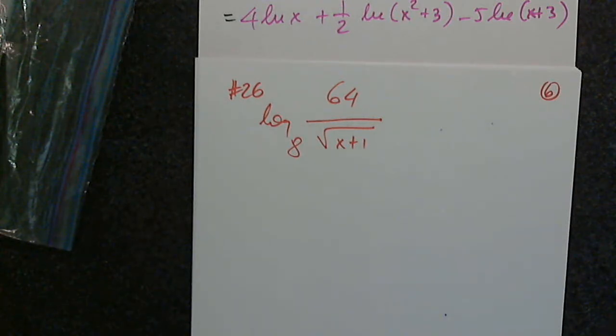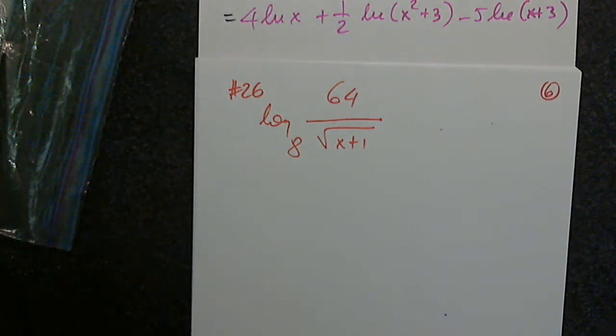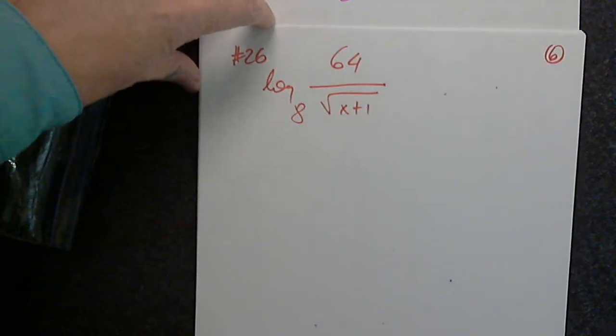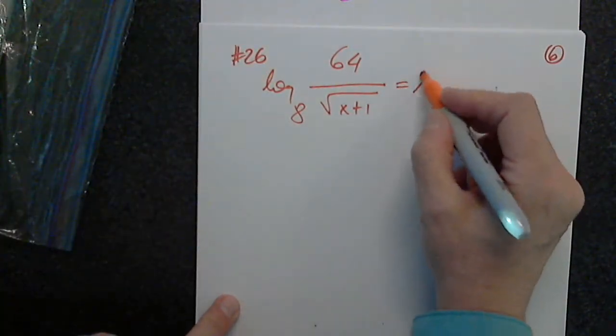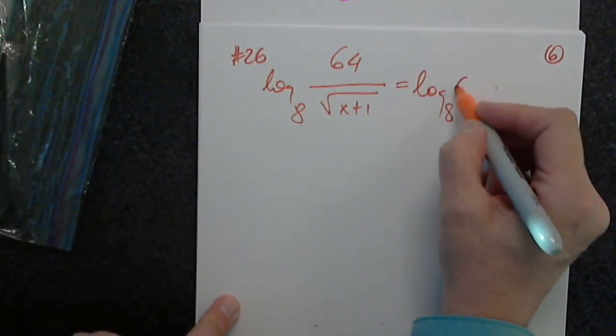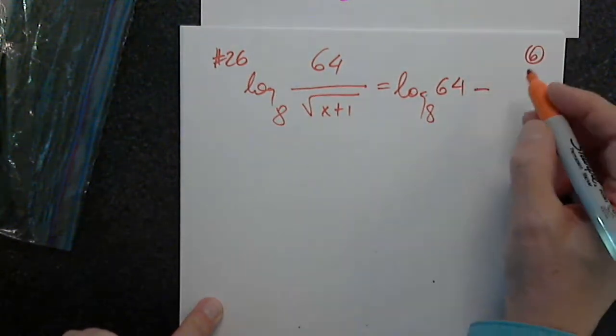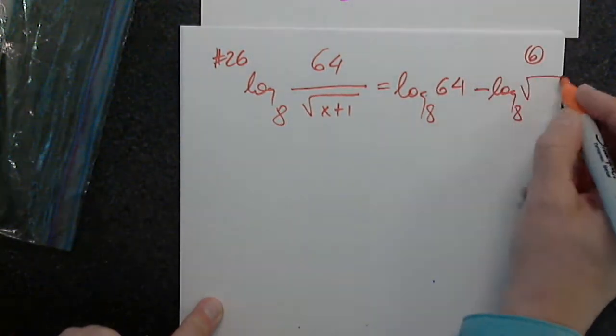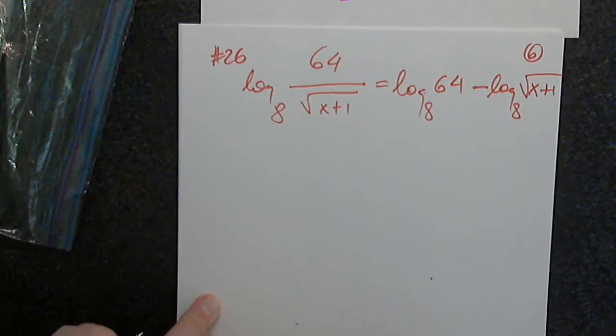After this, we'll go backwards, meaning condensing. Ready? Good. How do we get this started? Log base 8 of, very good. Exactly. Log base 8 of 64 minus log base 8 of the square root of x plus 1.